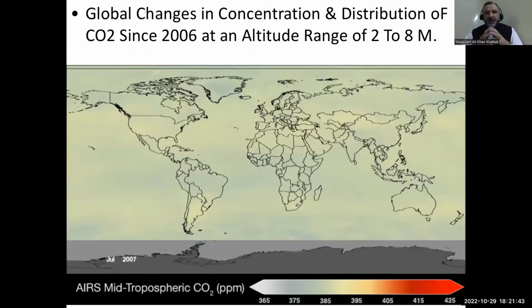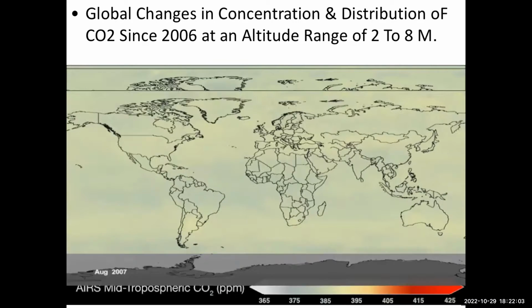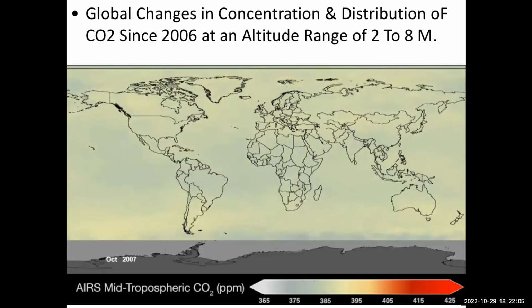Here is another global change, and that is the concentration and distribution of carbon dioxide. You can see that the range of carbon dioxide also increases from time to time, and that directly affects and increases the temperature of this world.